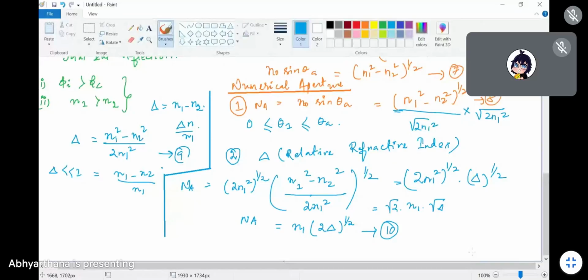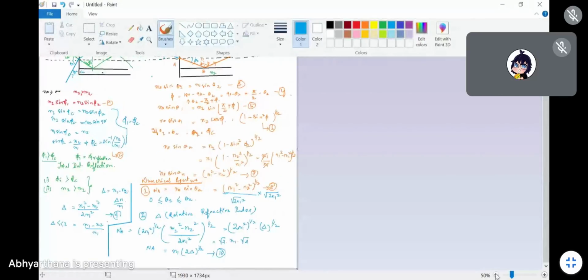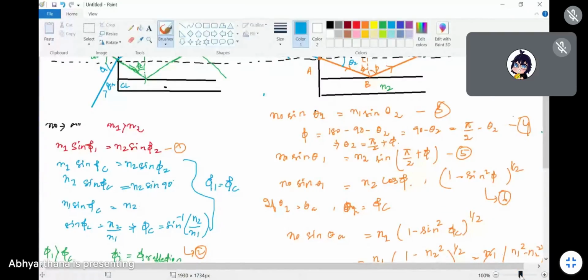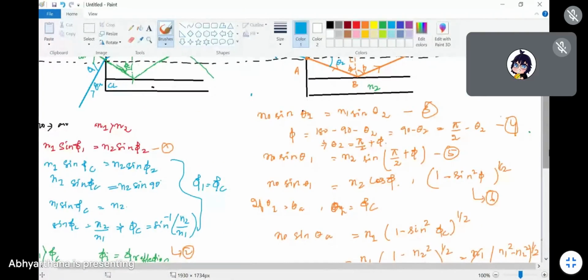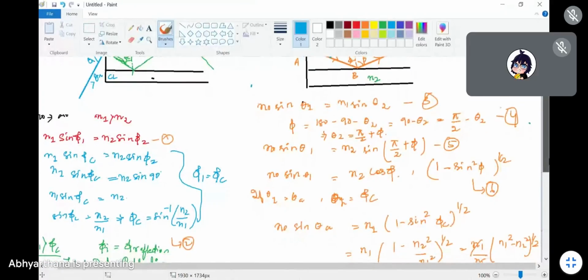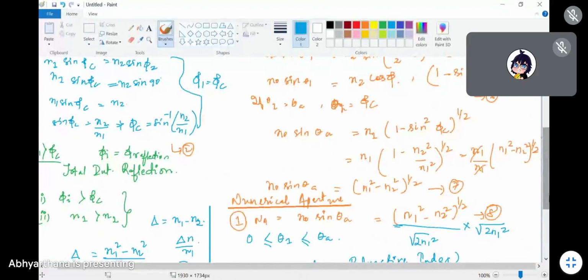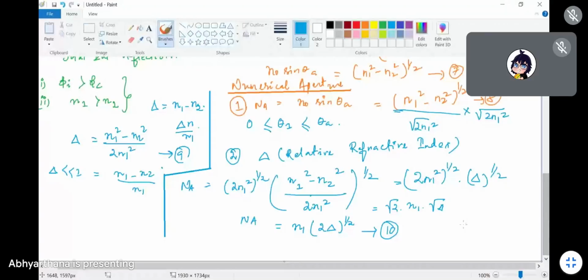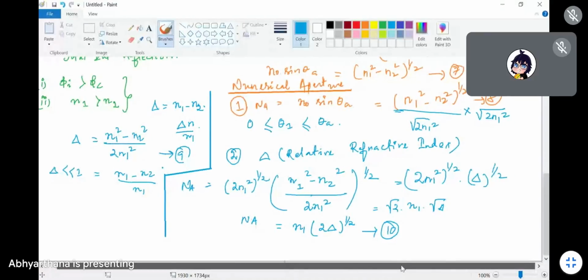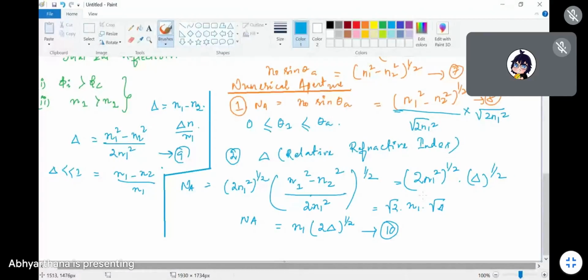You can just go through it once more. Let me just zoom out. Sorry, I'm unable to zoom it out. You can see it from here.